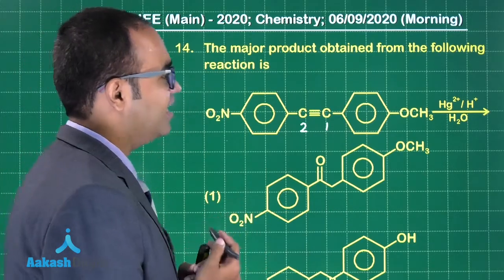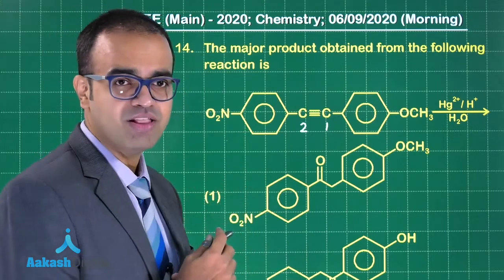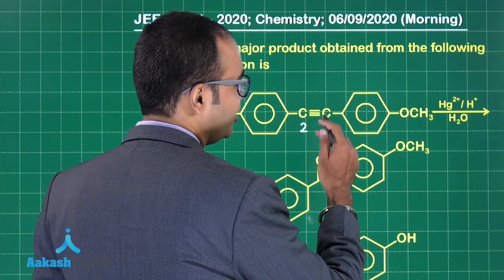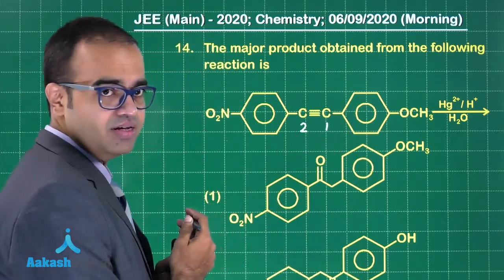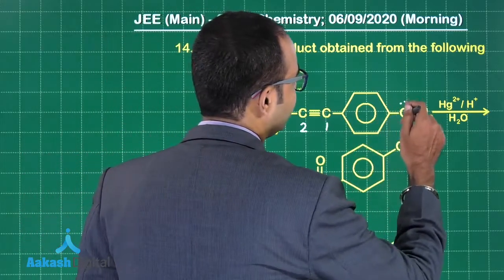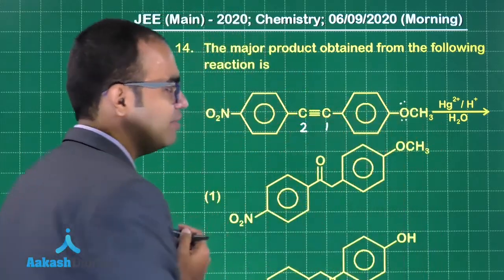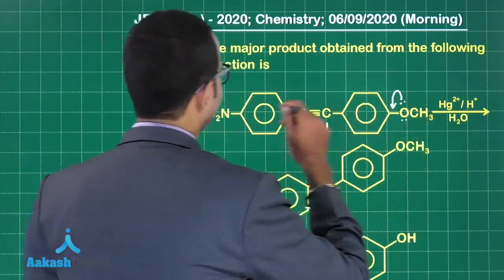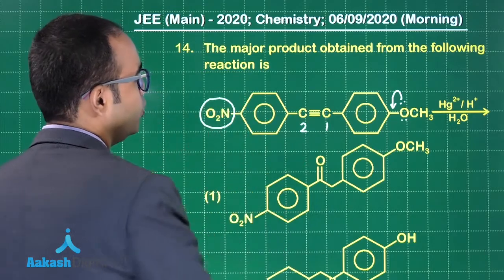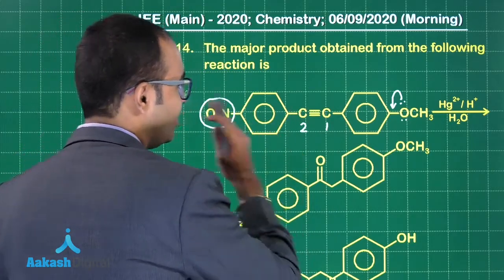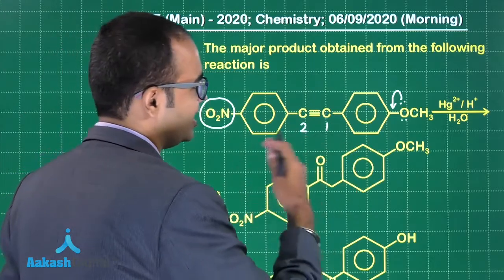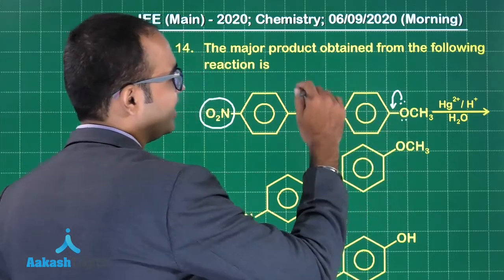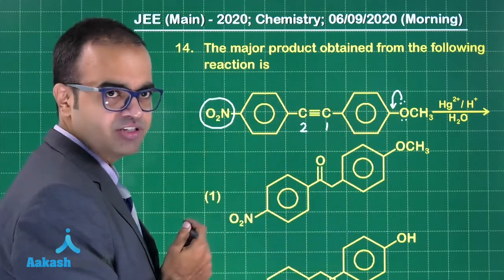The initial attack will take place on the second carbon, because here the possibility of this carbon carrying a positive charge is more, because the lone pair over here will stabilize that carbon which is carrying a positive charge, whereas this nitro group, that is the NO2 group, will do what? Will pull the electrons away. So the chance of electrophilic addition will be first on the second carbon, and then H2O will attack on what? Will attack on the first carbon.